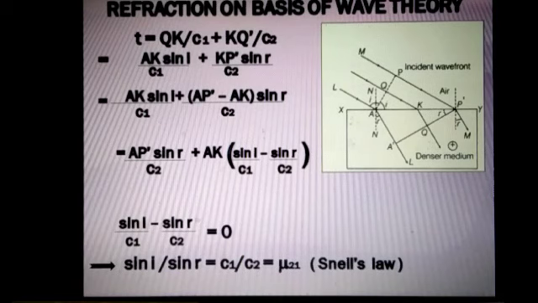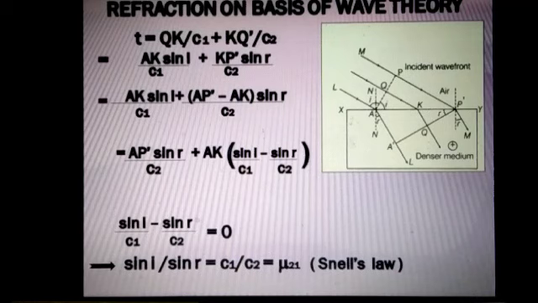The rays from different points on the incident wavefront will take the same time to reach the corresponding points on the refracted wavefront. It is possible only if t is independent of AK. Thus, we can give sin i by c1 minus sin r by c2 is equal to 0, as you can see on the screen.